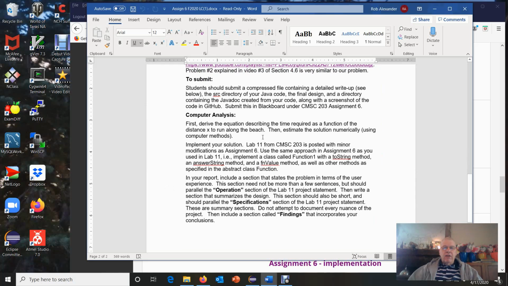Of course, the idea is to use the computer to estimate the time required to get to the beach house.